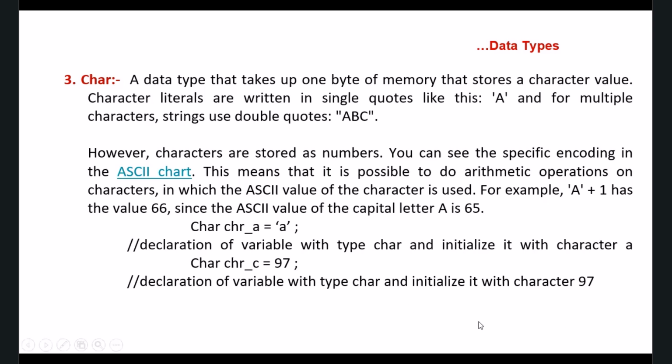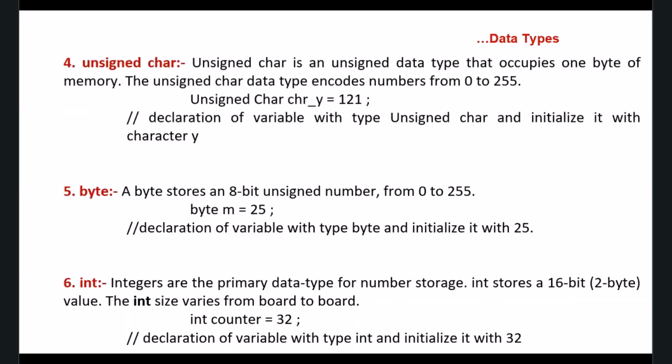So here, if we try to do arithmetic operations between capital A and plus 1, the answer is going to be 66, because the ASCII value of the character A is 65, plus 1, so it will return 66. In this way, we are using the character data type, and we can do arithmetic operations using the characters also.